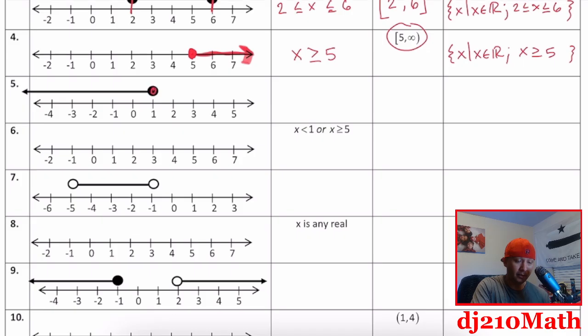We're at a closed circle at 1, and we're going to the left towards negative infinity. Right? Negative infinity is always to my left. Inequality for this, we compare x to 1.